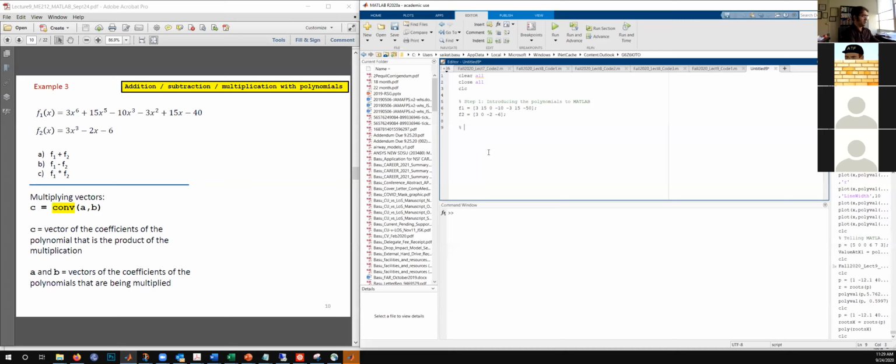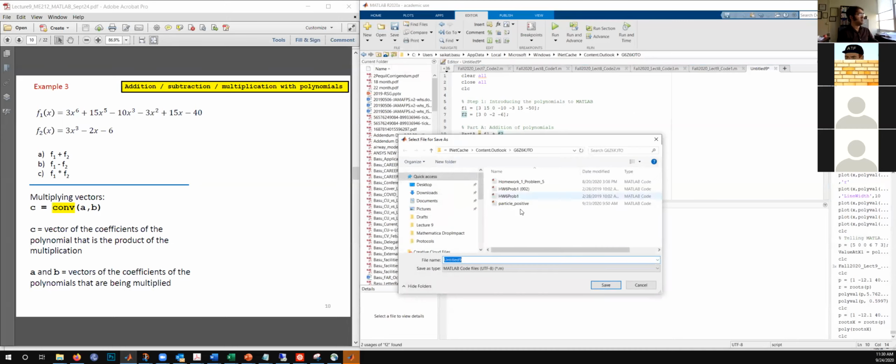Okay, so now let's do part A, which is addition of polynomials. So part A is just f1 plus f2, and that should be sufficient. Let's do a double check. Let's save this for now.